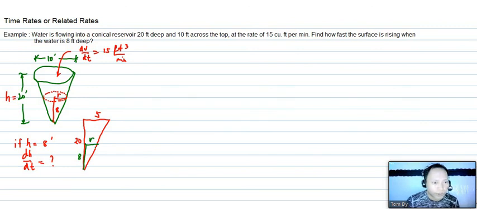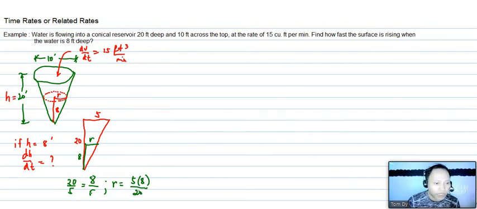So by ratio and proportion of this triangle, the big triangle, we have 20 over 5 equals 8 over r. Therefore, we can find the value of r, which is r equals 5 times 8 over 20.